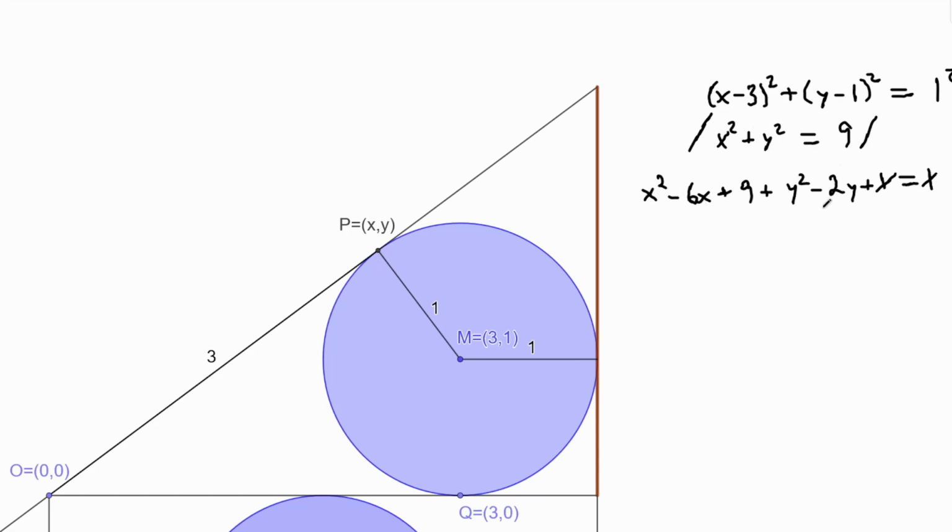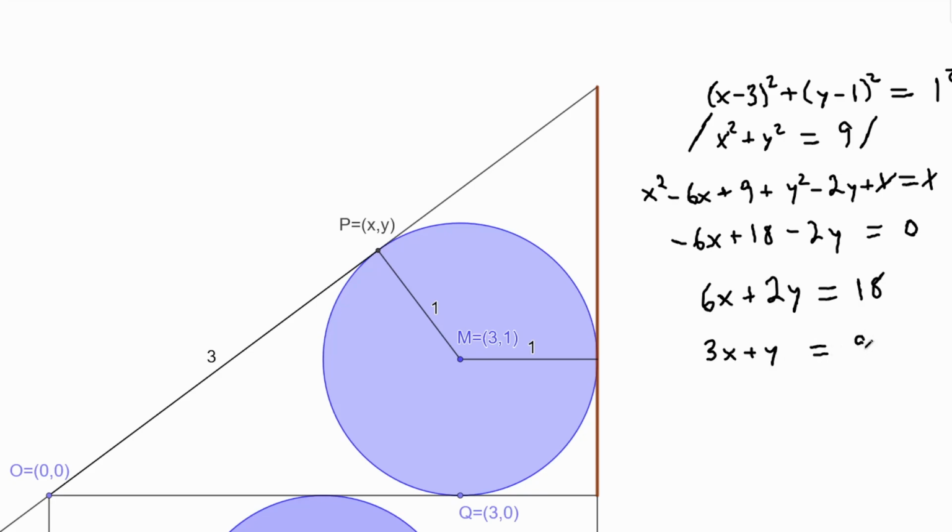So this expression here simplifies to -6x + 9, so plus 18, -2y is equal to 0. Or rather, that 6x + 2y, if we move both of these over to the other side, is equal to 18. We can also simplify this one bit further, and we get that 3x + y is equal to 9.